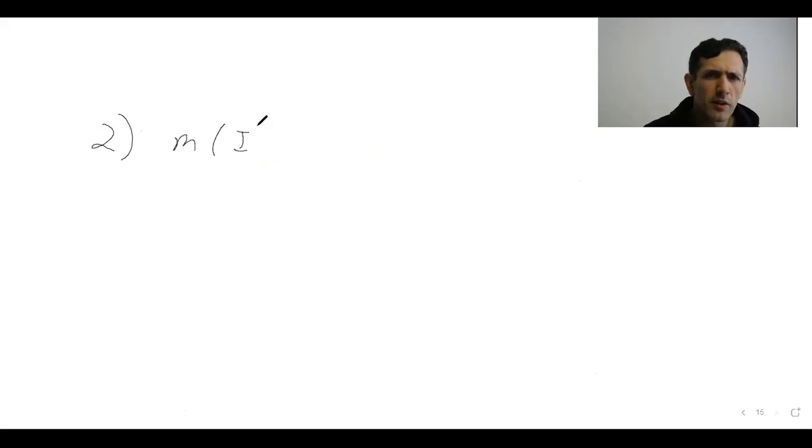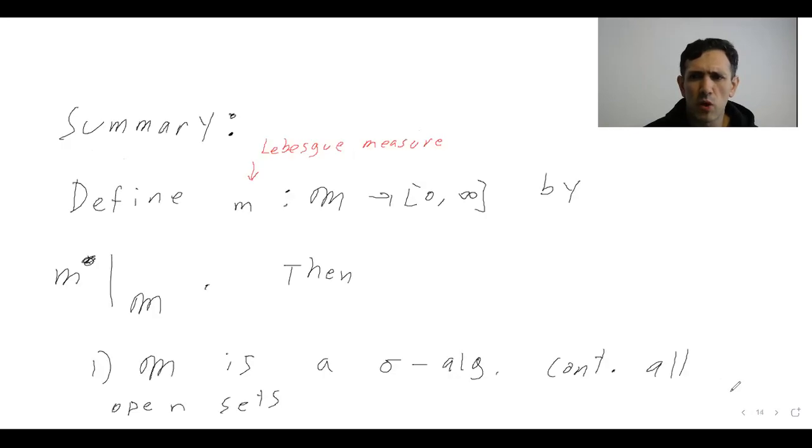Two, and remember that surprisingly, this was probably the hardest thing we did. In my opinion, this was the hardest thing we did. For any interval I, any interval is measurable by basically 1 here.